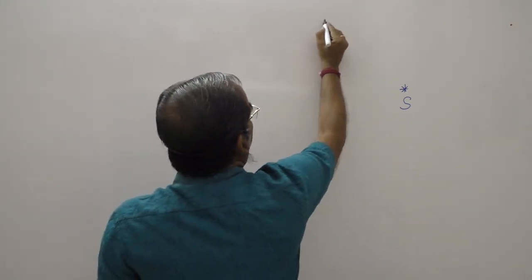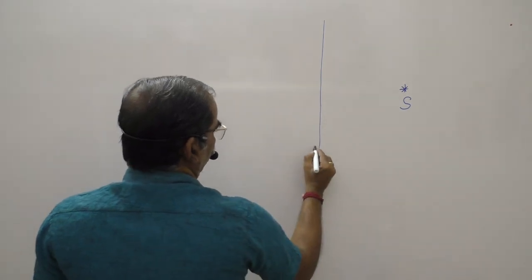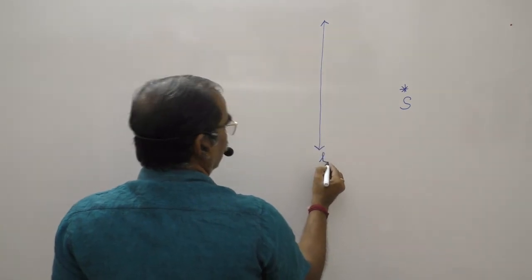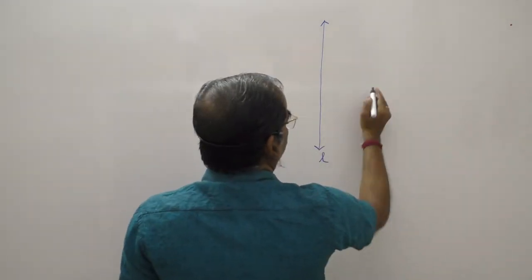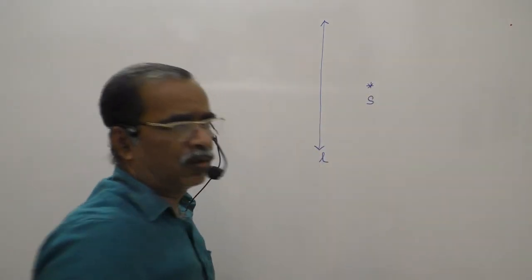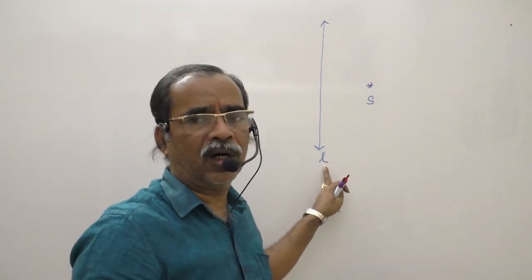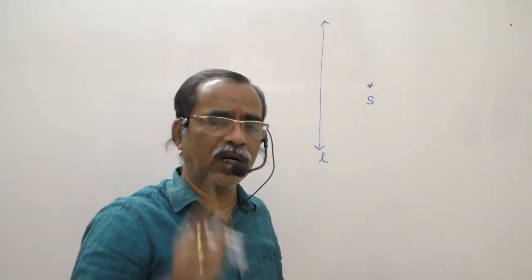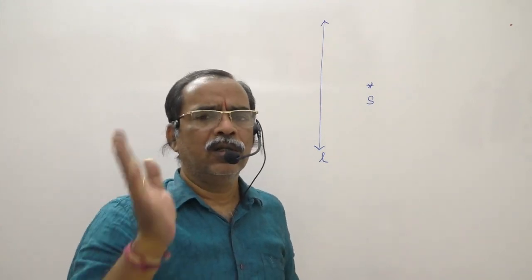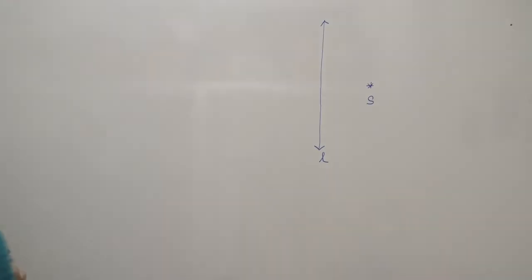For every conic there will be a focus and directrix. This is a fixed point and this is a fixed line. The fixed point is called the focus of the conic, the fixed line is called the directrix of the conic. That ratio SP by PM equal to E is the eccentricity.